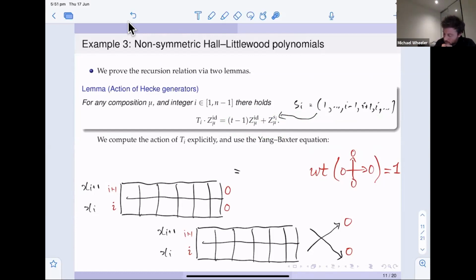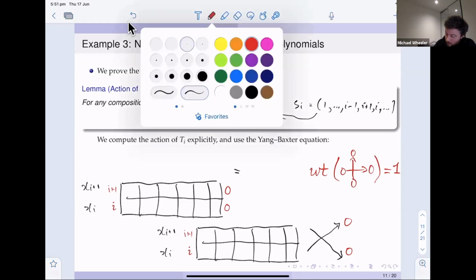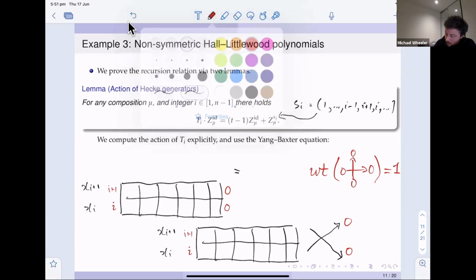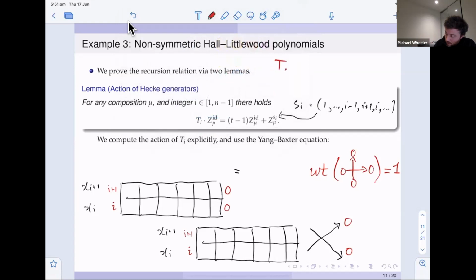All right. So that's all well and good, but it doesn't really complete the proof yet, because all we've done here is act with Ti on the partition function. But if you recall, what we're trying to prove is that Ti acting on Z identity mu should give us Z identity Si mu.